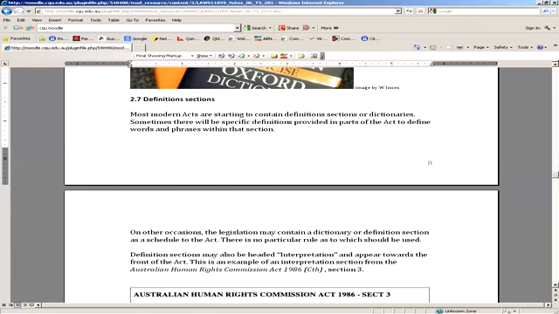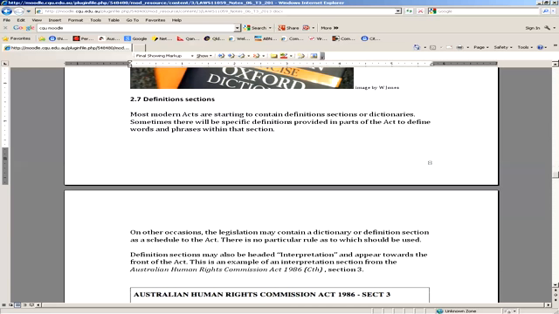The next one is the definitions sections. Now, this is where I find, in a practical sense, I'm spending a lot of time. When I'm looking at the meaning of a specific section, often my first point of reference, even before an objects clause, before extrinsic materials, before other sections even in that part, is the definitions section, because key words in a specific section will often be defined.